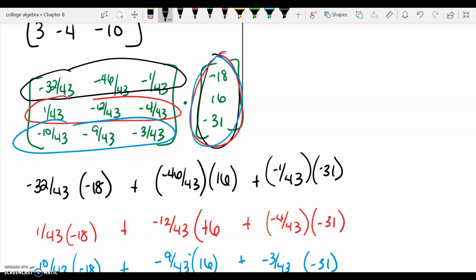So whenever you multiply and add them all together, you're going to get your 3 answers. This will be your x, this will be your y, this will be your z. The 3x3s are not on the test, the 2x2s are. The 2x2s are a lot easier, obviously.